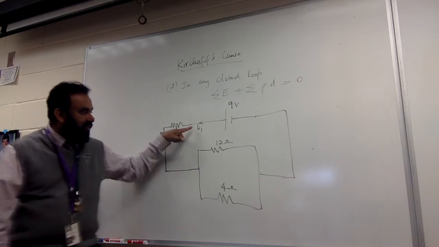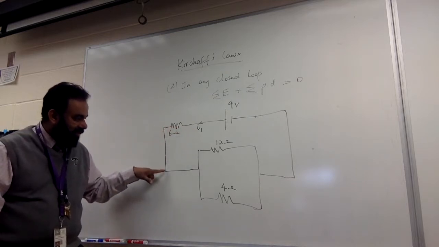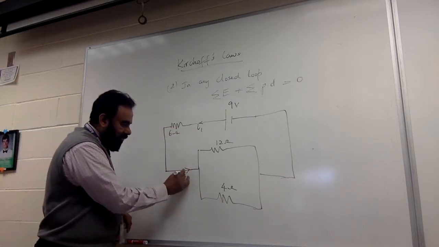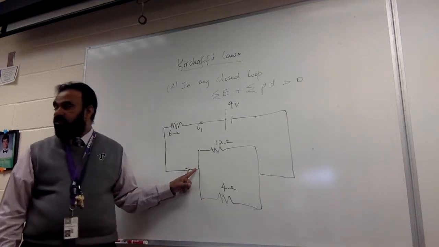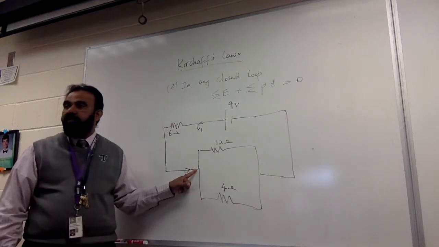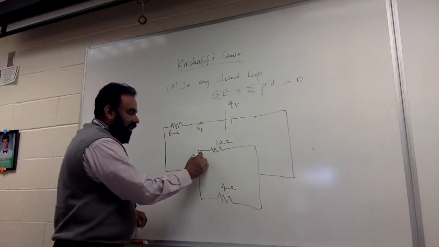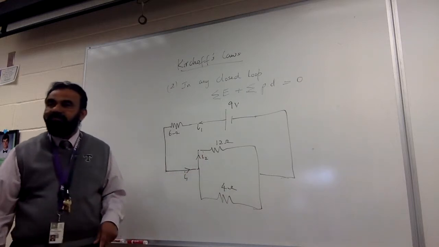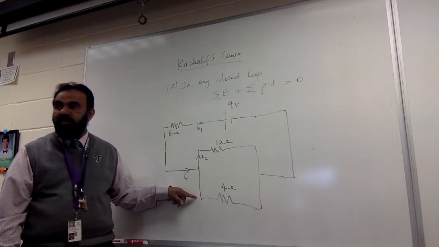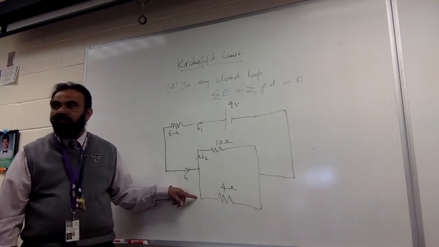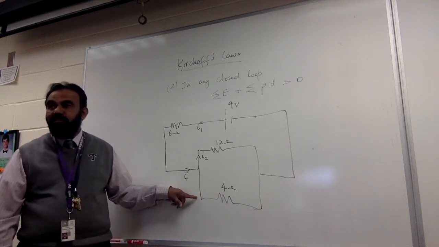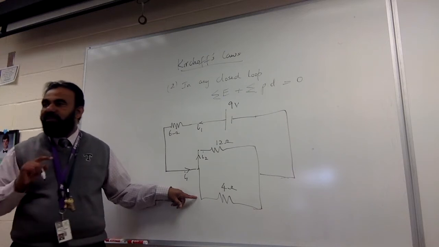So this is I1. And watch. I1 comes here. What happens at this junction? It splits, right? Let's say I2 goes here. If I2 goes there, how much goes here? I1 minus I2. That is where we apply the first law of Kirchhoff.